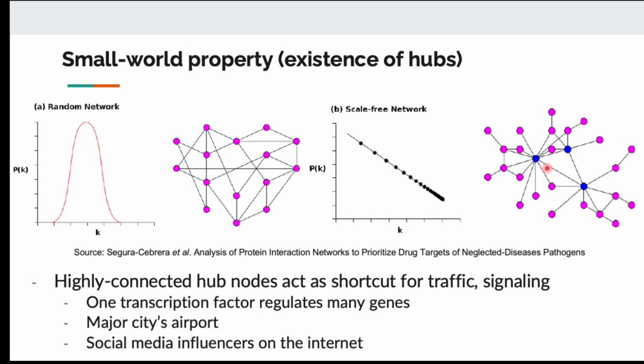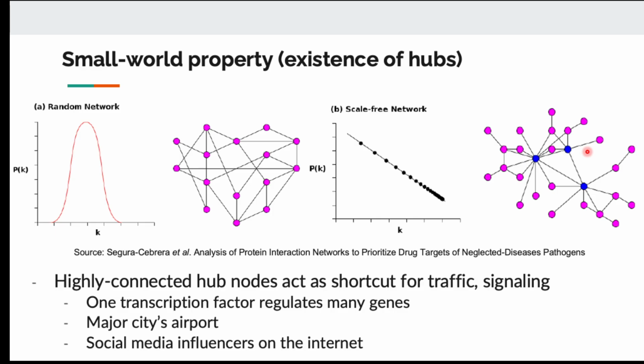So you have these people, these proteins, these airports as a shortcut to send signals or to go from one node to the other. And once people found this property, they were wondering what kind of mechanisms give rise to such properties in real world networks.